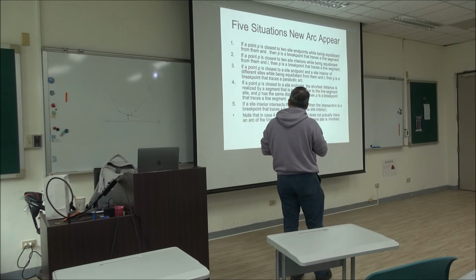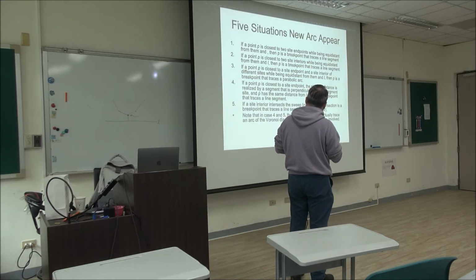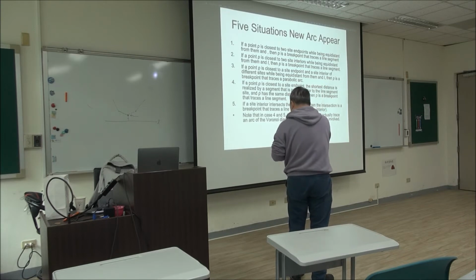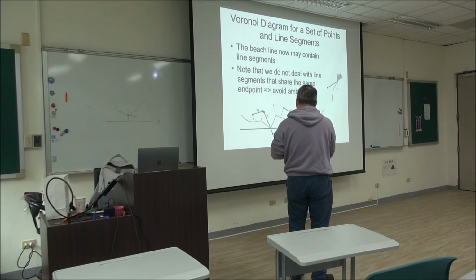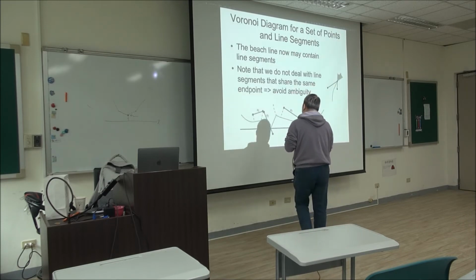If a point P is closest to a side endpoint and the side interior of different sides, while being equal distant from them and L, then P is a breakpoint that traces a parabolic arc. This is this one.